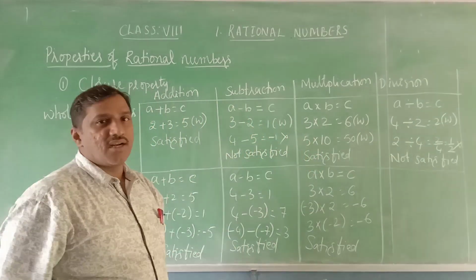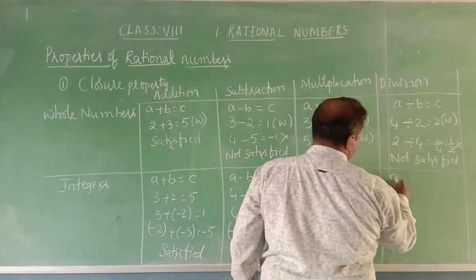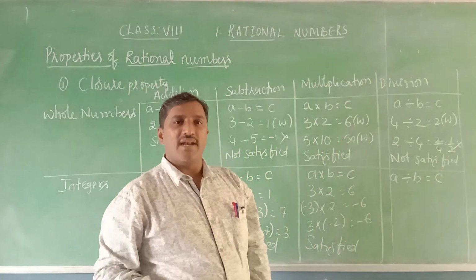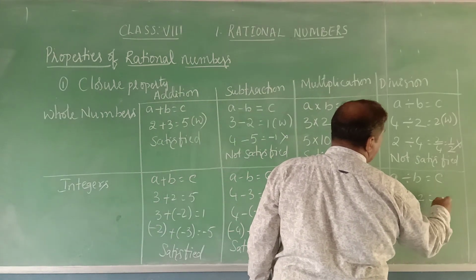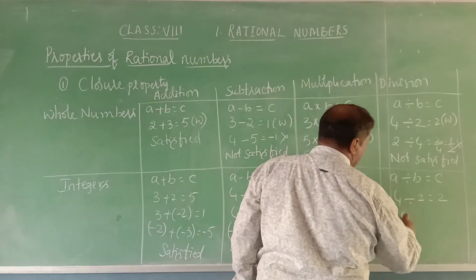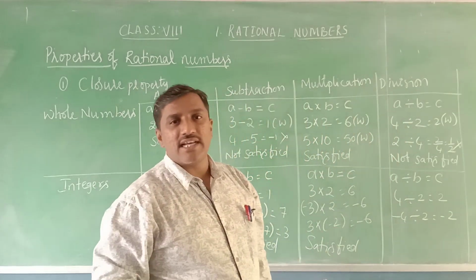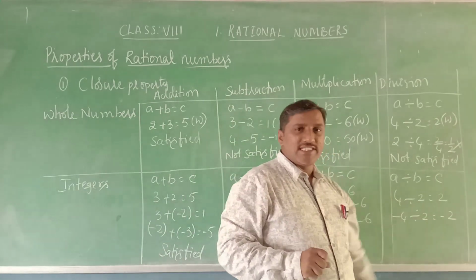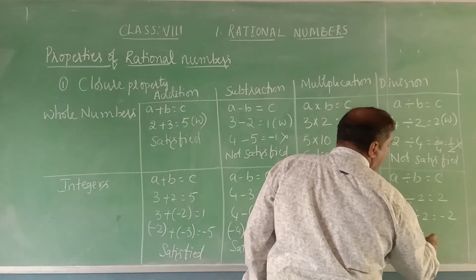Now we will discuss what under division. Let a and b be two integers, then a divided by b is equal to c, and that c is also an integer. You take an example. 4 divided by 2 is equal to 2, it is an integer. Minus 4 divided by 2 is equal to minus 2, it is also an integer. Now you divide minus 4 with 8.